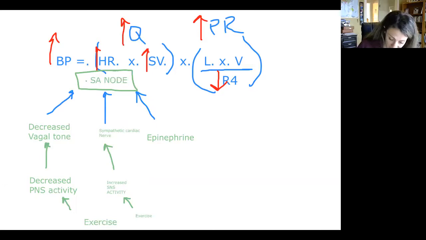The epinephrine is also acting on the SA node. Is that part of the sympathetic or parasympathetic system? Sympathetic. Okay, that's due to increased sympathetic nervous system activity as a response to exercise.